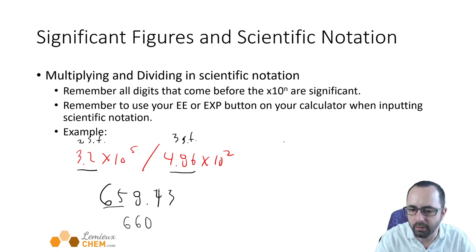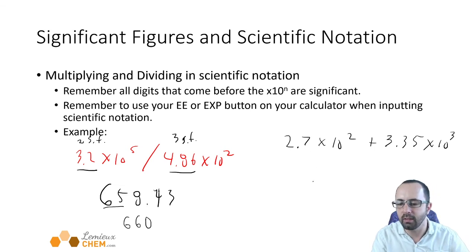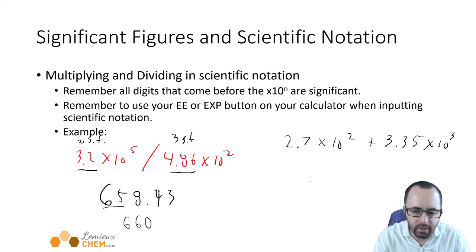Let's say I have 2.7 times 10 to the 2nd plus 3.35 times 10 to the 3rd. What you're going to want to do is instead of just punching this into your calculator, convert this to standard notation and then line it up like you're in grade school and add them.